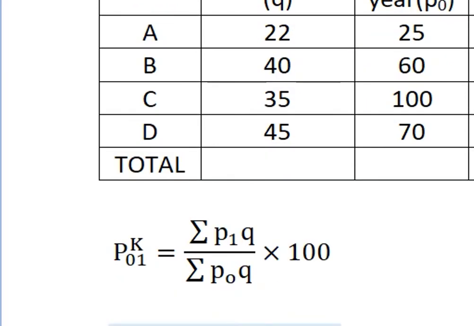Now in the next step, you just divide these two values and multiply by 100, that is 11,560 divided by 9600 into 100. I repeat, 11,560 divided by 9600 into 100. How much you will get? Did you calculate? You will get 120.417 or so on.